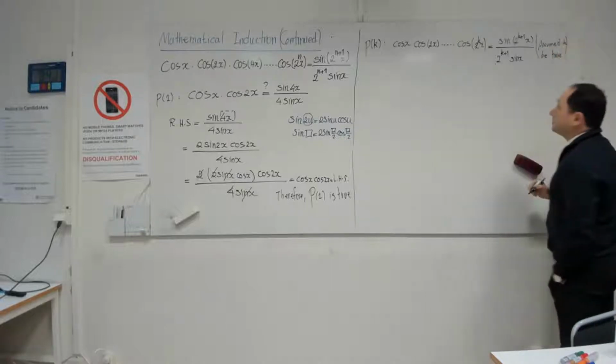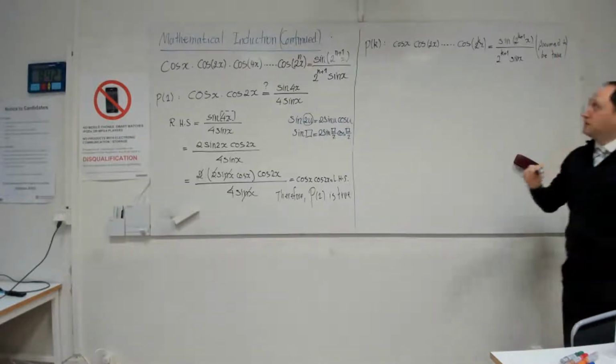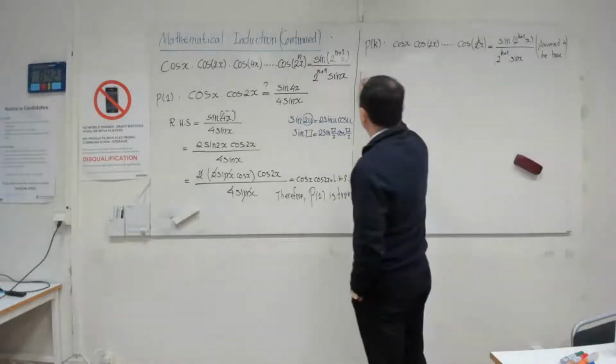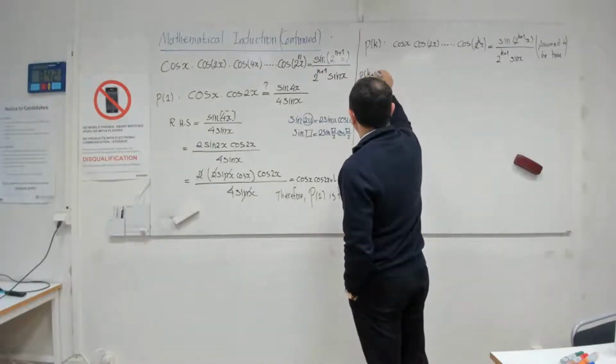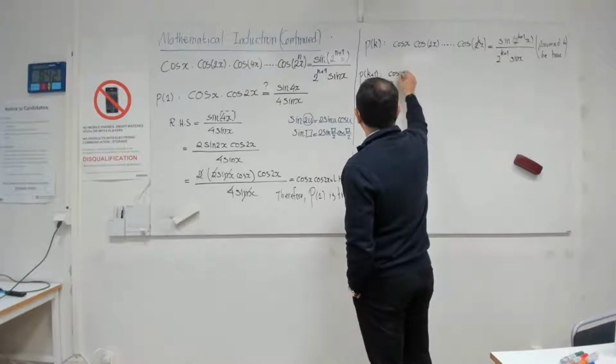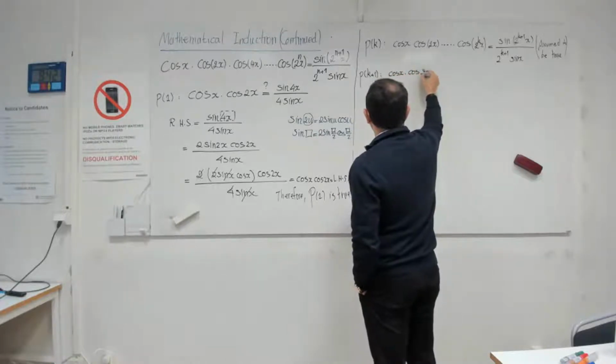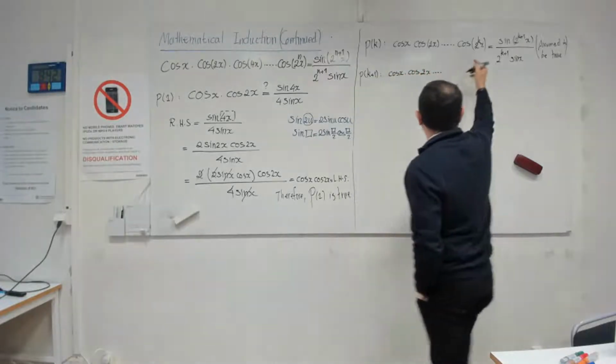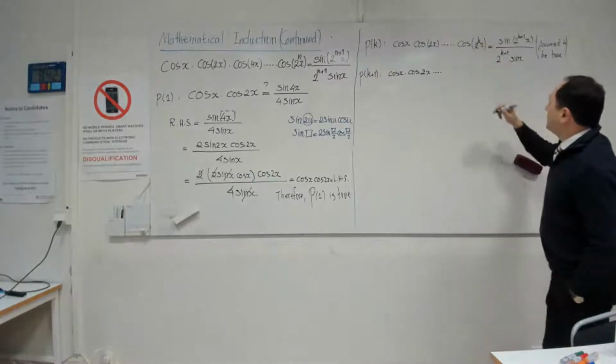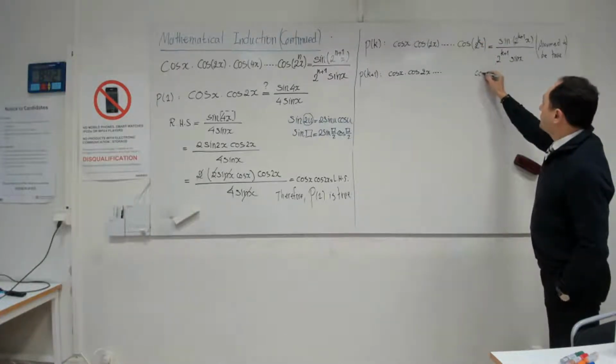Then what I need to do, I need to calculate and show that Pk plus 1 is also true. So Pk plus 1 means cosine x, cosine 2x, up to, I need to replace k with k plus 1 everywhere, so this becomes cosine 2k plus 1.